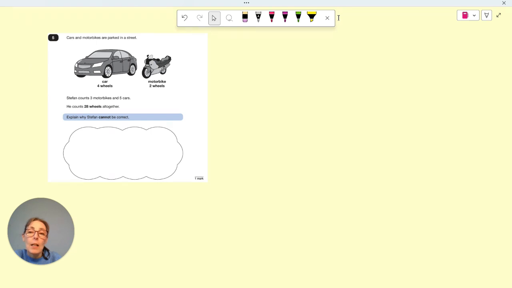Explain why Stefan cannot be correct. Okay, let's have a look. So, cars, he counts 5. And motorbikes, he counts 3.